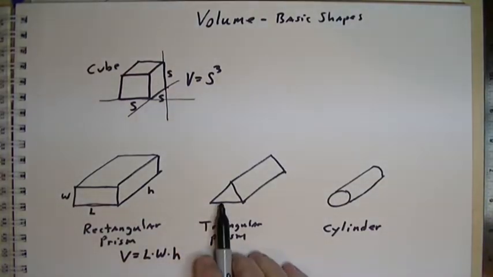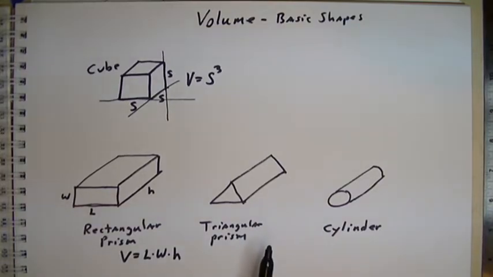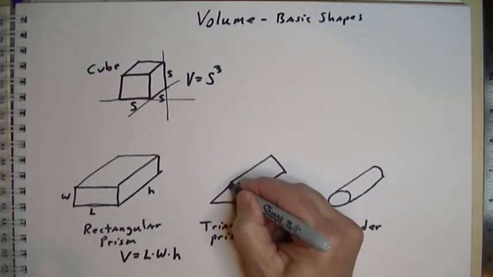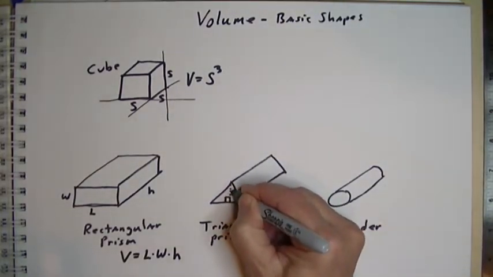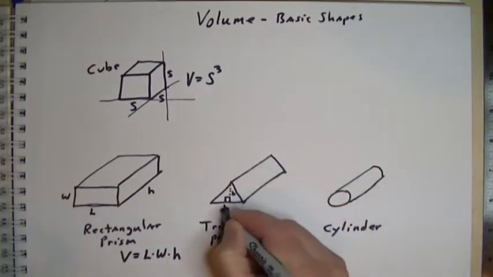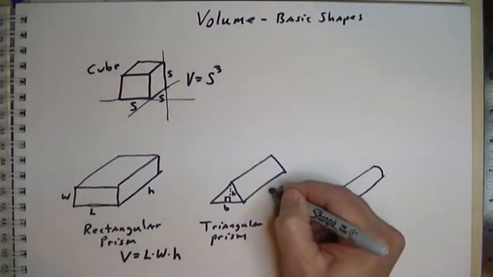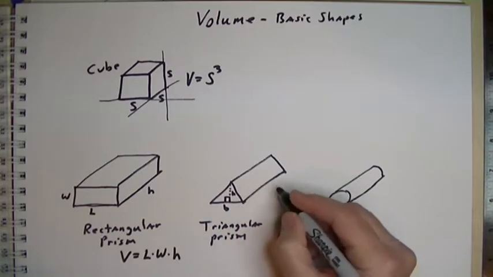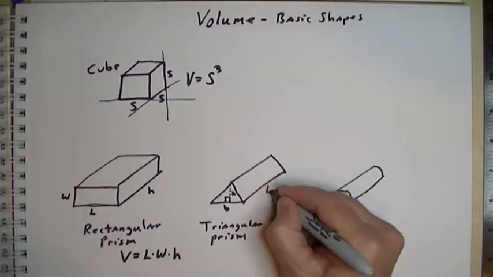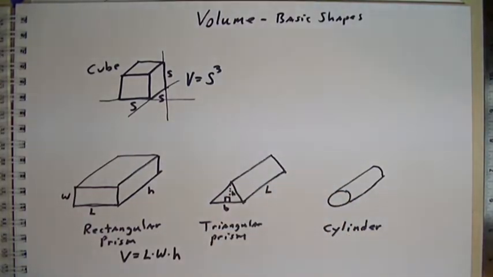And again, we're going to apply the exact same concept to the triangular prism. We need to know the height of the triangle and the base, and then we're going to call this length L, because we've already used h for the height inside the triangle.